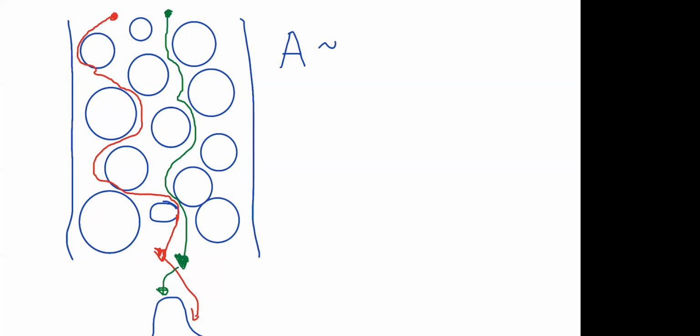So the better the particles are packed, the more uniform is the path that the molecules are traveling. So the more similar are the paths for all of the molecules traveling through the column.